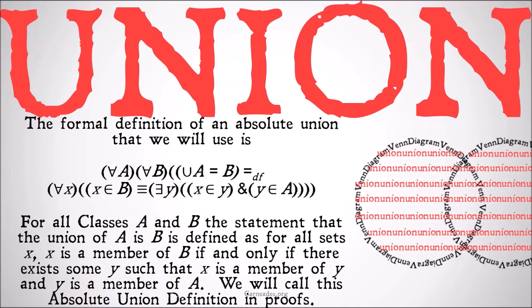Or for B to be the union of A, all of its members X need to be the members of some Y that is also a member of A. And all of the members of all of the Y that are within A are members of B.